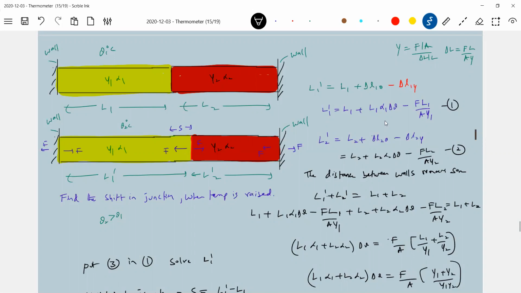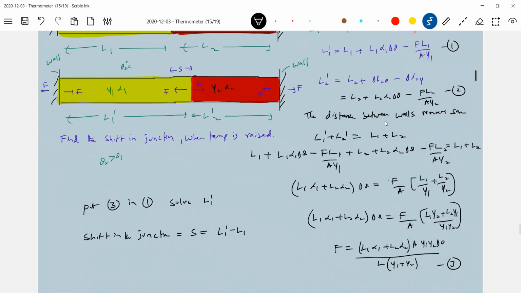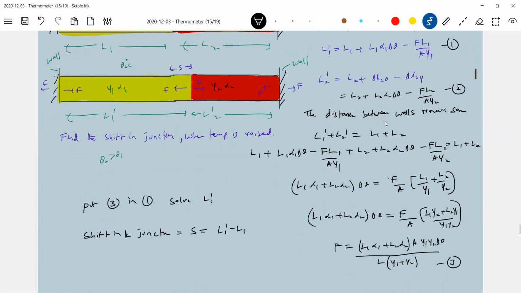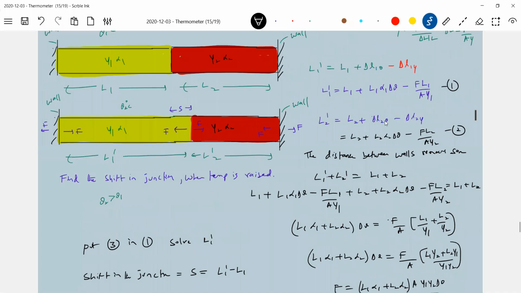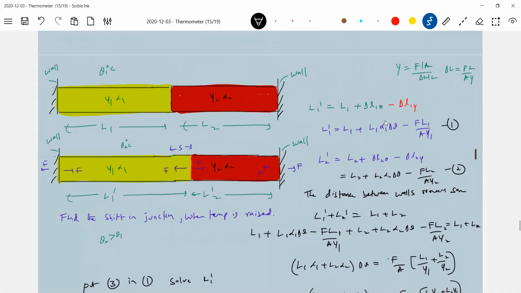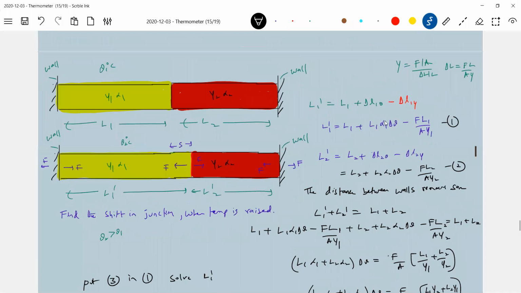So this will become L1 Y2. L will not be there outside. Okay, good. Thank you very much. Because the different lengths are there, no? I just looked at here and started writing equations. L2 and L1 it should be.